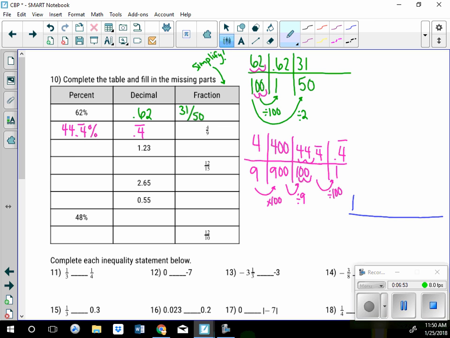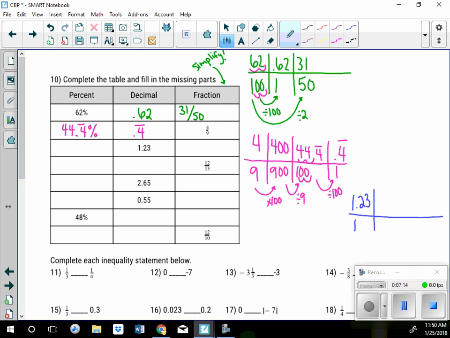This is our decimal. So if our part is 1 and 23 hundredths, what's our whole? It's a decimal. 100 would be if it was a percent. It's out of 1. So we've been given our decimal already.